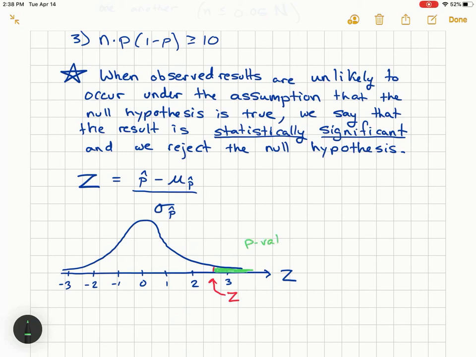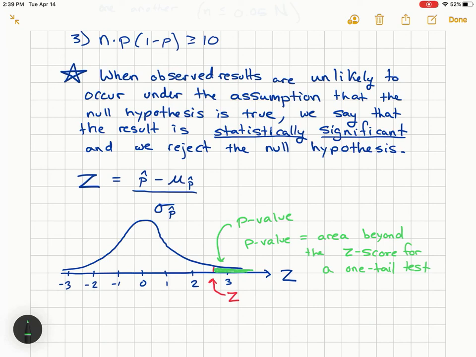Now there's our z-score. We say this p-value is the area beyond the z-score for a one-tailed test. So this green area is our p-value, which is almost like saying, what's the probability that this could happen accidentally?